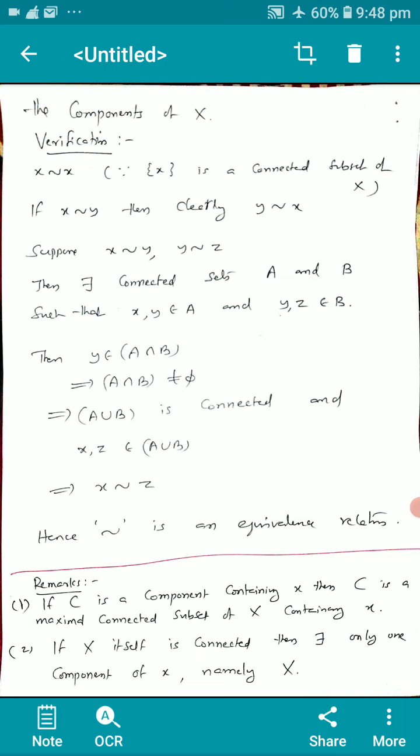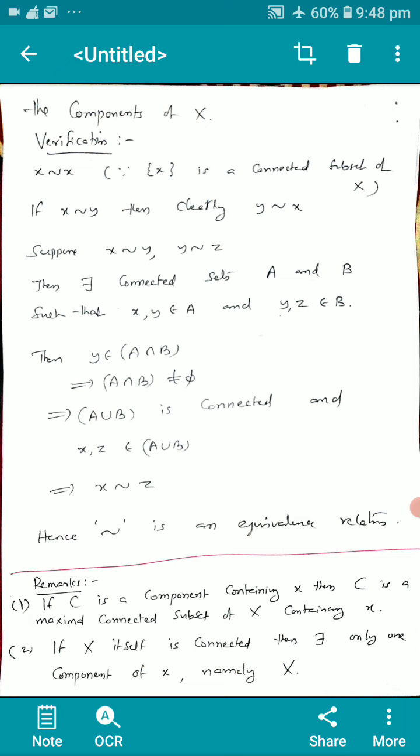Verification: x tilde x, because set X is a connected subset of X. If x tilde y, then clearly y tilde x. So reflexive and symmetry are true. Next, to prove transitivity, suppose x tilde y and y tilde z.